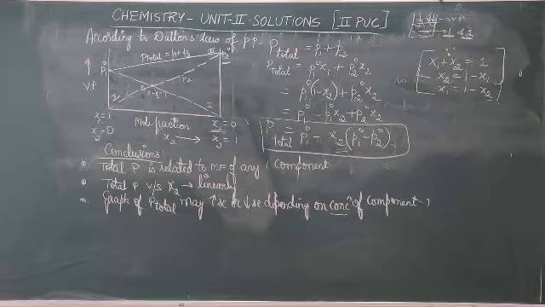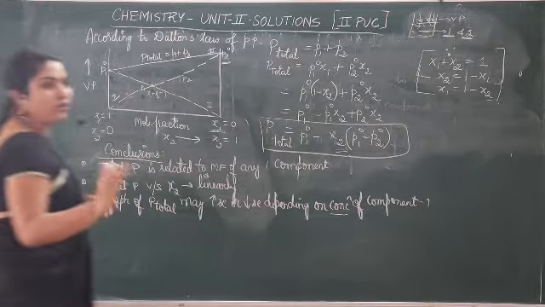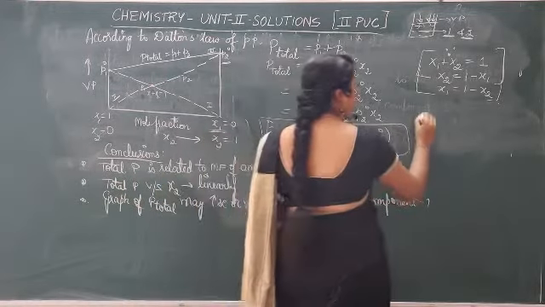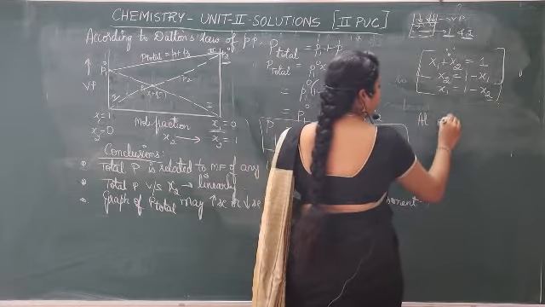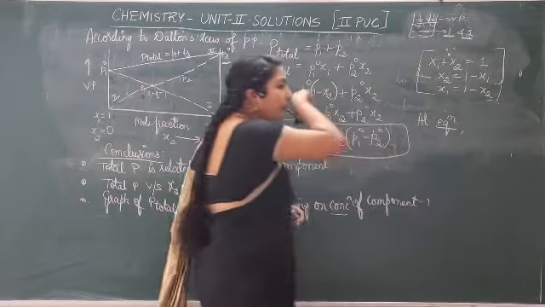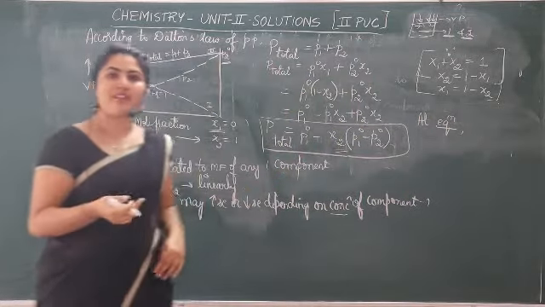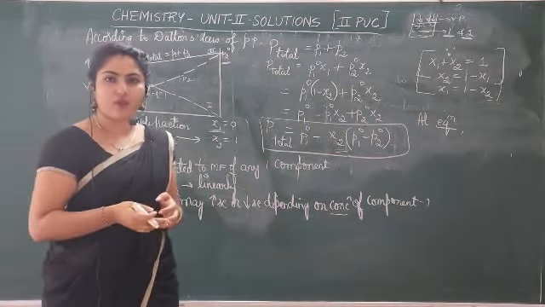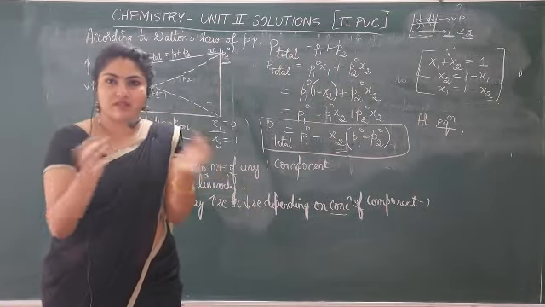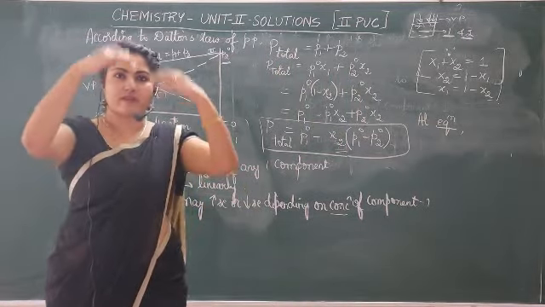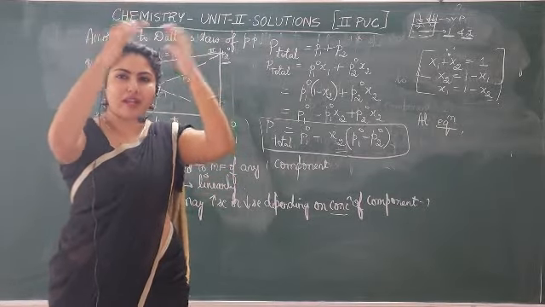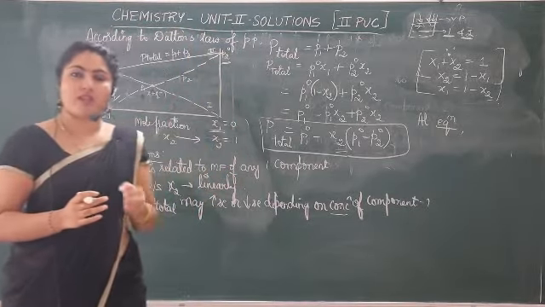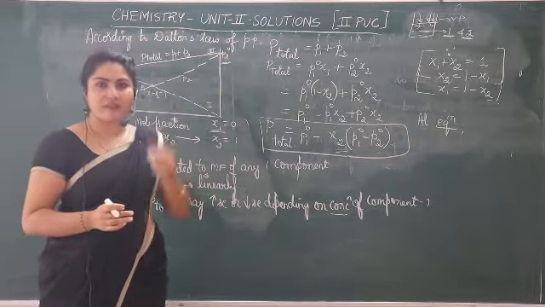And one point that you need to remember is, at equilibrium, just make a note of it, okay? At equilibrium, you know which component will be more in the vapor phase? Liquid phase means which stays in the liquid. Vapor phase means which has evaporated and has formed the vapors above. So which component will be more in the vapor phase?